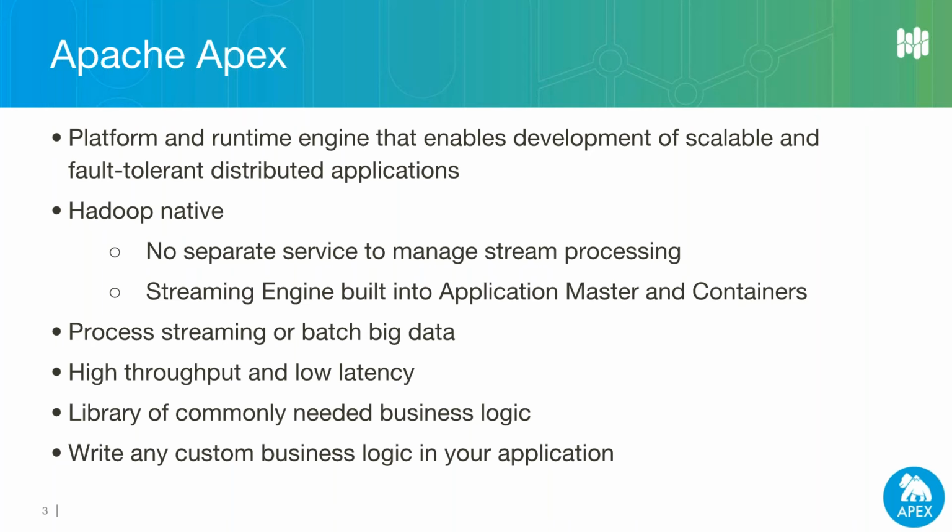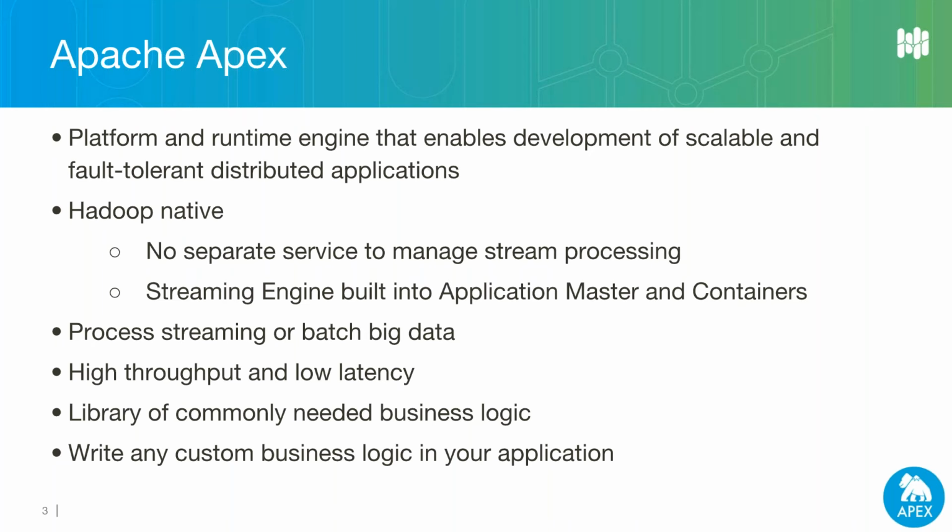systems. We also have a very good library called Apex Malhar, where we have a lot of operators which are ready to use in your application. For example, we have a lot of operators to read from different data sources, operators for processing, as well as operators to write results back to many different destination systems. This rich library makes application development very easy.